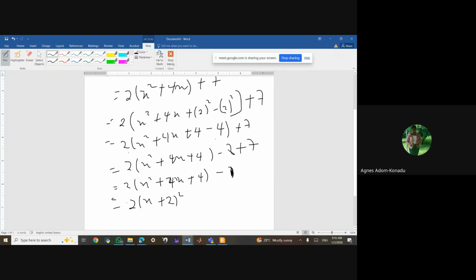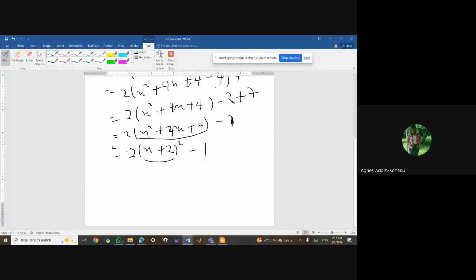I hope you can expand this: it gives x squared plus 4x plus 4. So the whole thing is the same as x plus 2 squared, then all minus 1. I've written this in the standard form, which is a into x minus p squared plus q.